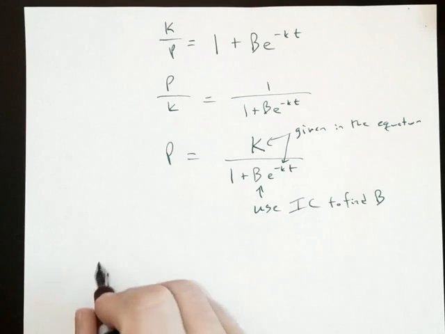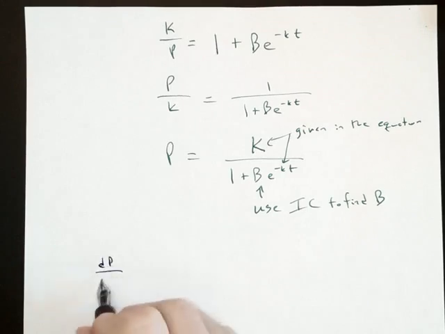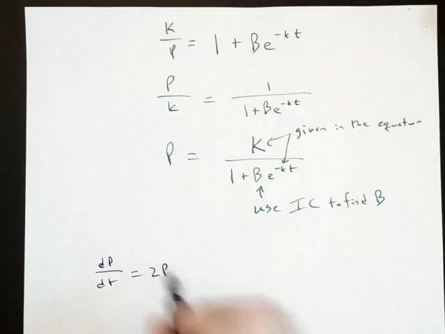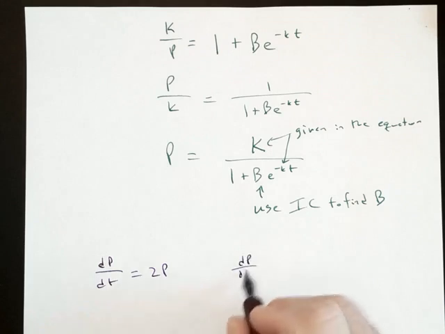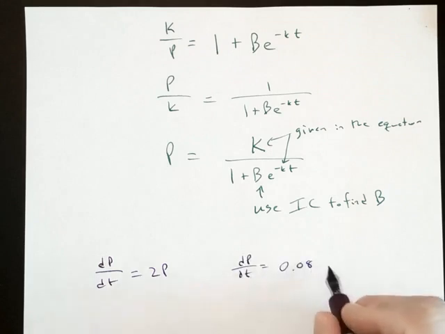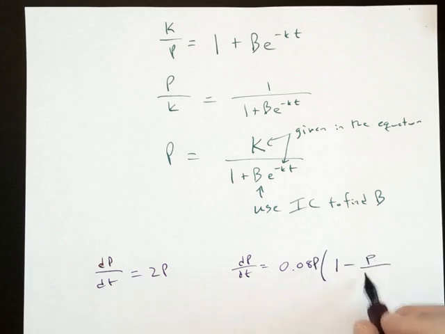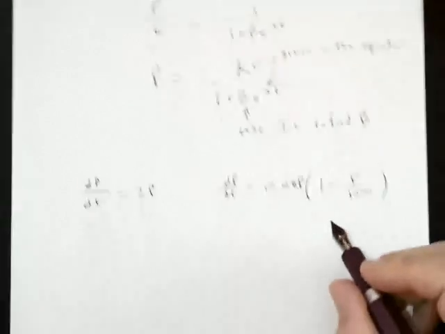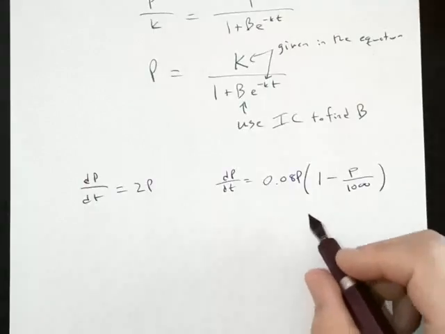The example in the textbook had a carrying capacity of 1,000 and a growth rate of 0.08. This is the exact problem they gave me in the book. I'm going to add an initial condition. Population at time 0 is 100.